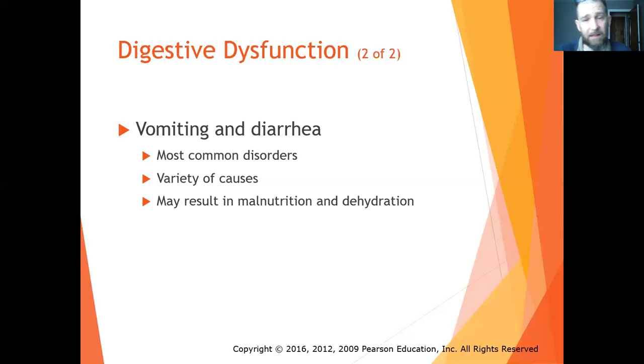In doing that, not only are they losing water, but they're not able to get the nutrients from their food. And so they suffer from malnutrition. We're not getting the electrolytes, the vitamins, all of the things necessary from nutrition. And so we're going to start seeing dysfunction in our cells because we don't have those things. But again, vomiting and diarrhea are the most common type of digestive dysfunction.